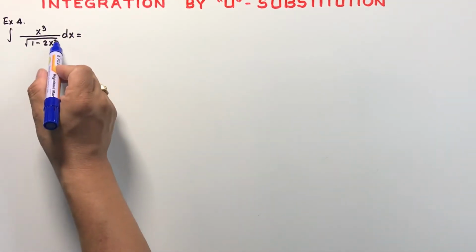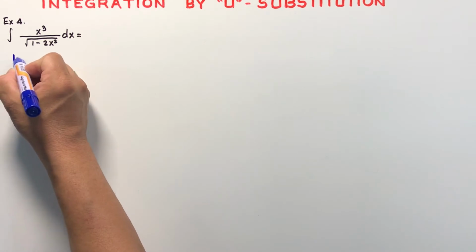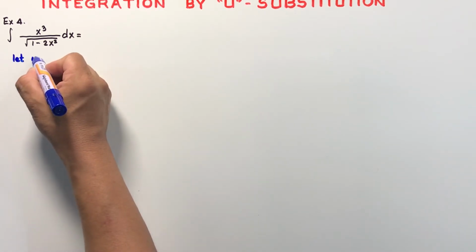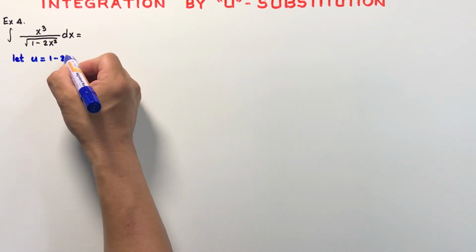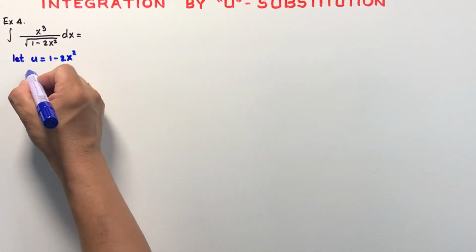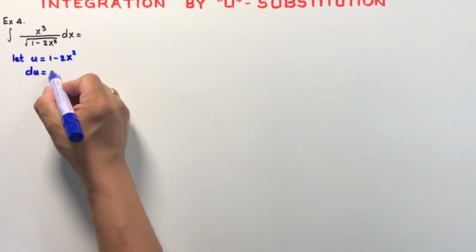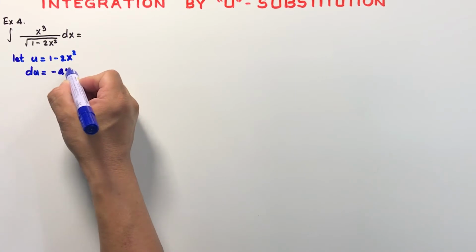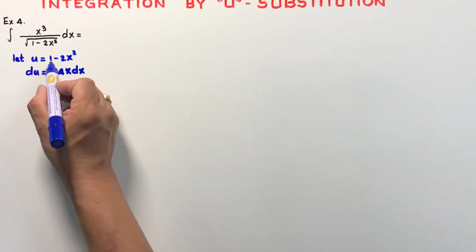Looking at this integrand, we suspect that this would be the right expression to be represented by our u. So u is equal to 1 minus 2x squared. And if we get the differential of our u, we have negative 4x dx, because the derivative of 1 is 0.